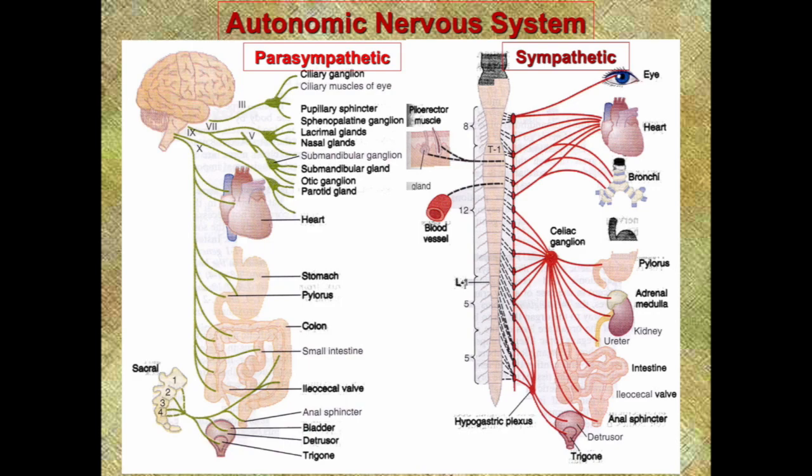One is going to slow down the autonomic system, and one is going to speed it up. In the case of the sympathetic, it's going to speed it up greatly. For example, the heart rate will rapidly increase on the sympathetic side, or if there's parasympathetic stimulation, it's going to slow the heart rate way down.